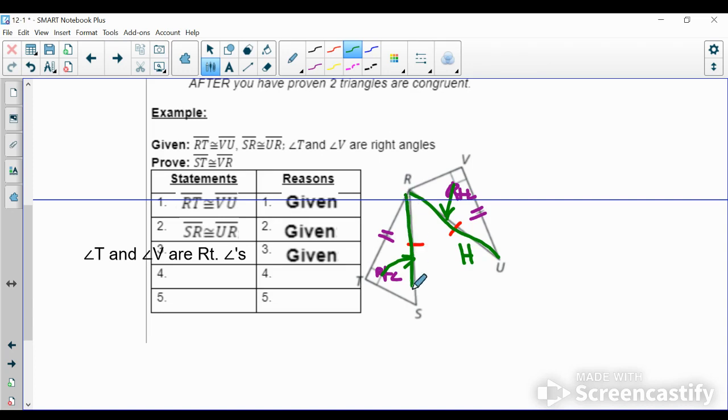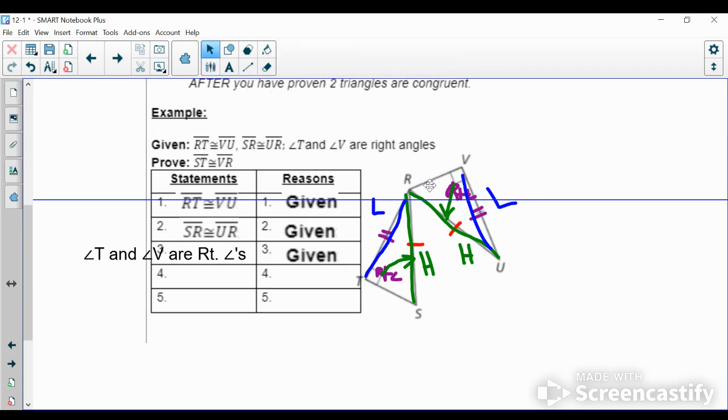This is the hypotenuse. It has a congruent mark, so we have H. And then we know L is just any other side of a right triangle. So this side right here is a leg. So that's an L. Congruent to this side over here, that's a leg. So that's an L.